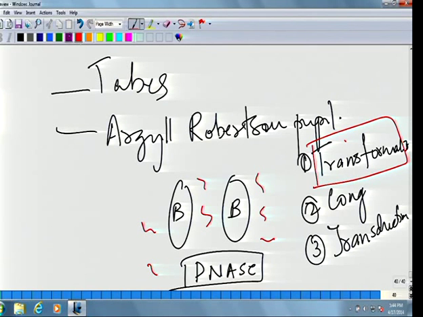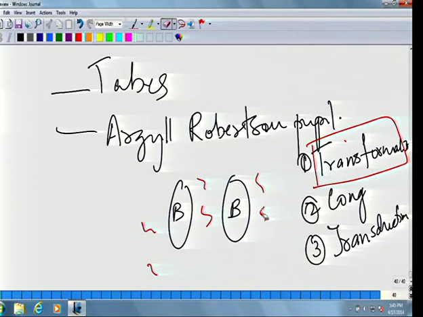What can prevent conjugation? For conjugation you need pili, isn't it? So you have the pili, which brings the cells together. What can prevent this? You know how we tell the students to remember?